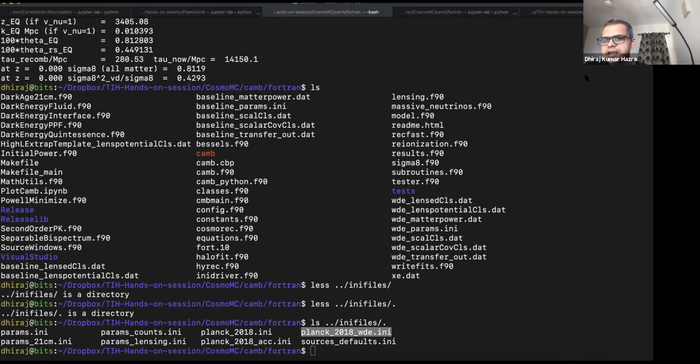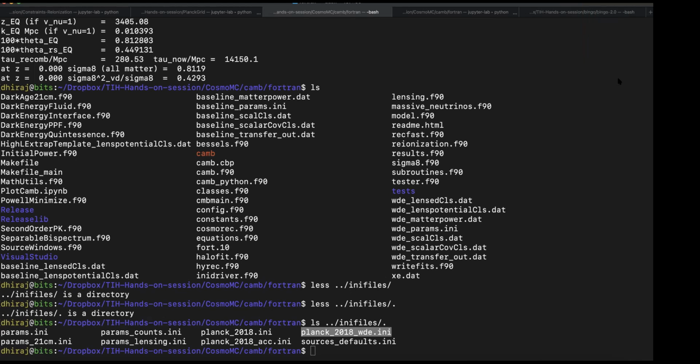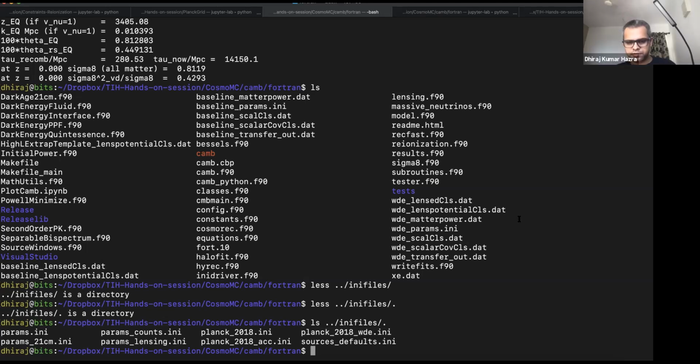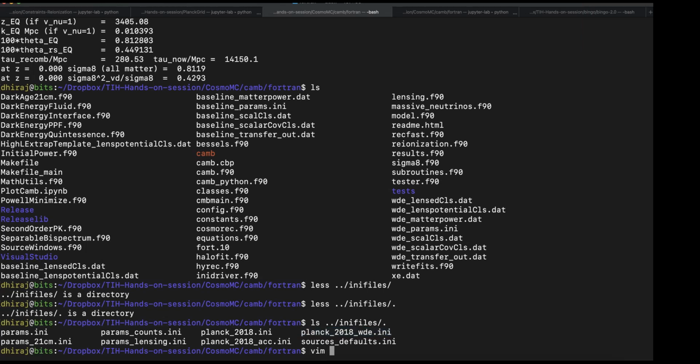When you say ./cam, it says Planck 2018.ini file not found. I do not know why this is showing. This shouldn't show. Yeah, it's copied. Okay, so I'm showing it once more before going to the next topic.